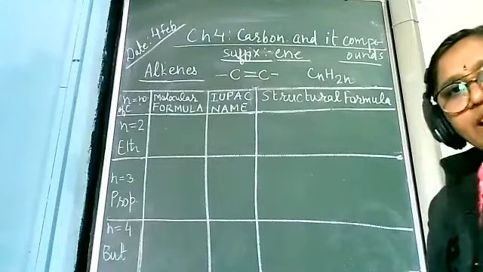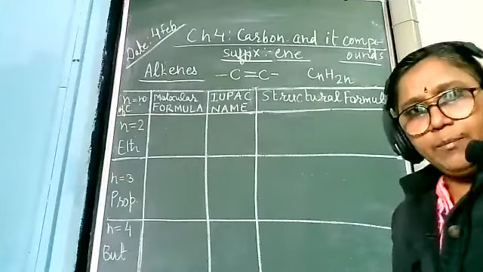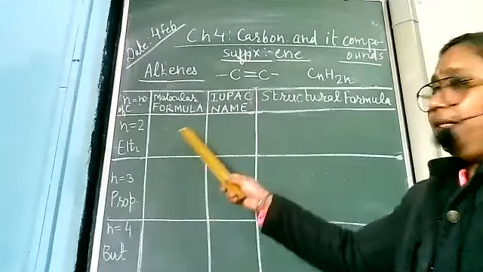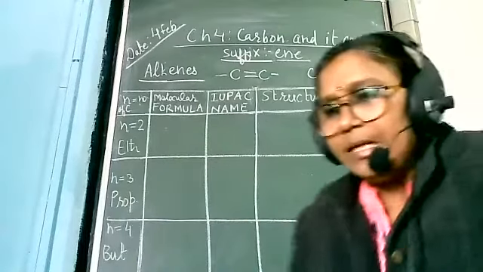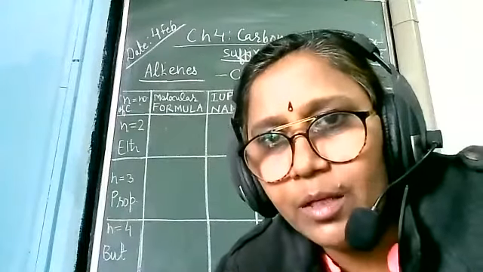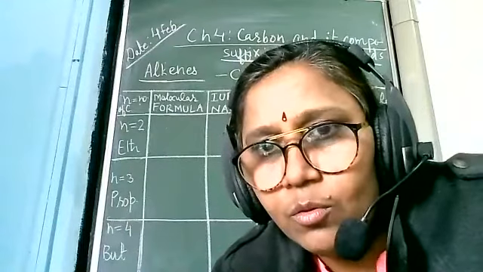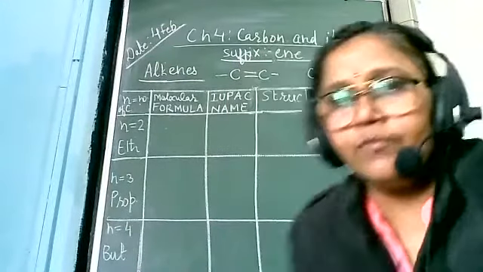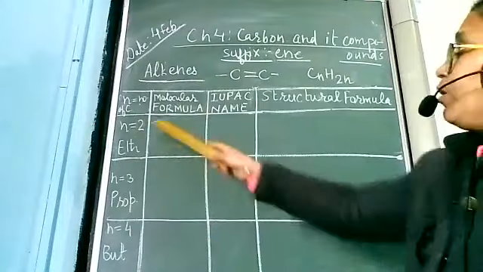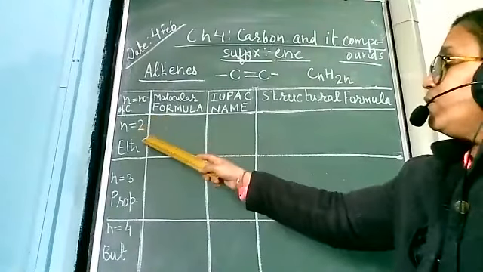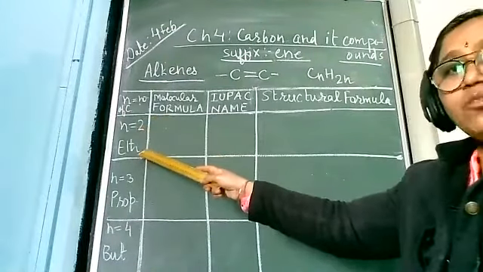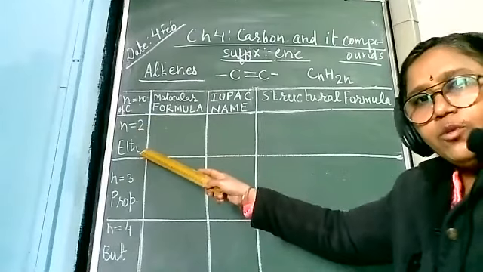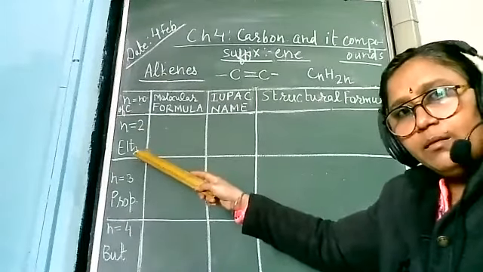Same way as we have made the table for saturated compounds, today also we will make the table similarly for alkenes and alkynes as well, right? So the first column we have kept for the number of carbon atoms, n is equal to 2, and the prefix also I have written so that your understanding should be better, right?